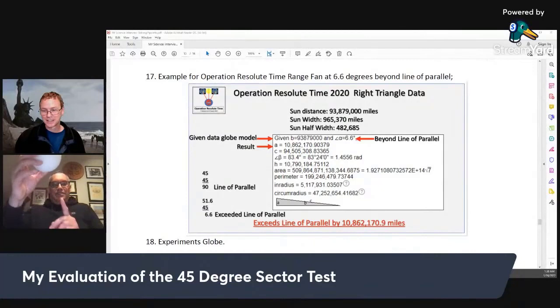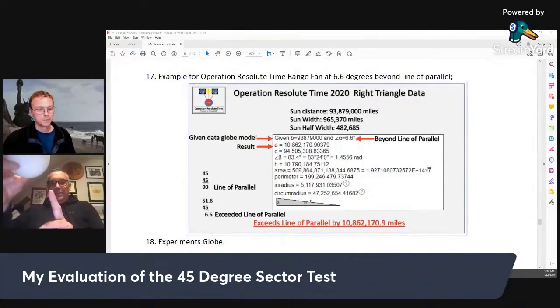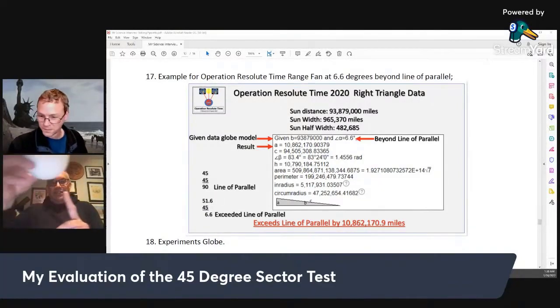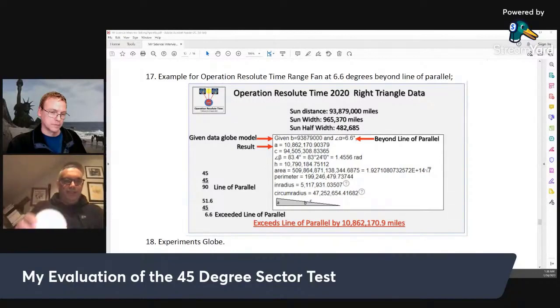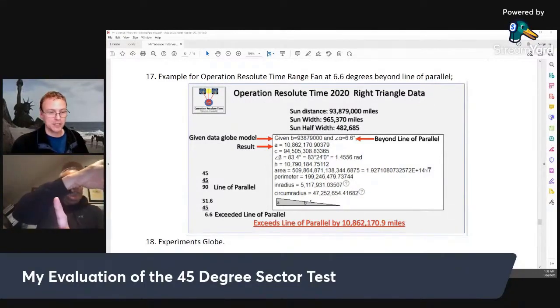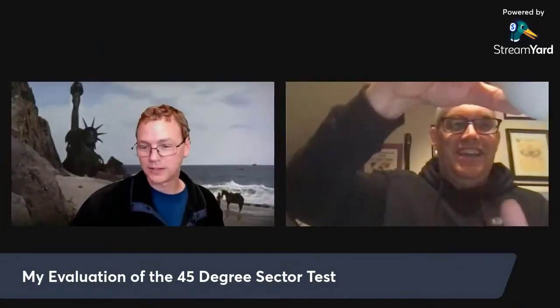When we look at our sector test, remember that the sun is always 90 degrees when we're looking at that sector. Okay, so now if I'm here, the backwards camera is hard. I get twisted around.